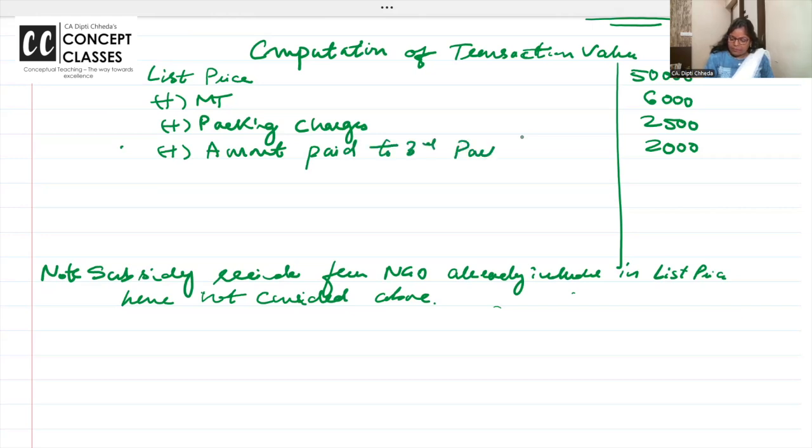Amount paid to third party. XYZ Limited offers 2% discount after reviewing the performance. This is note 1.